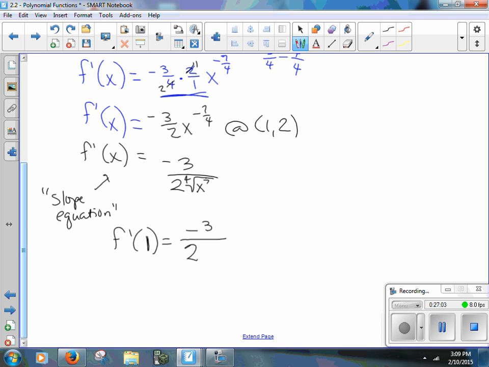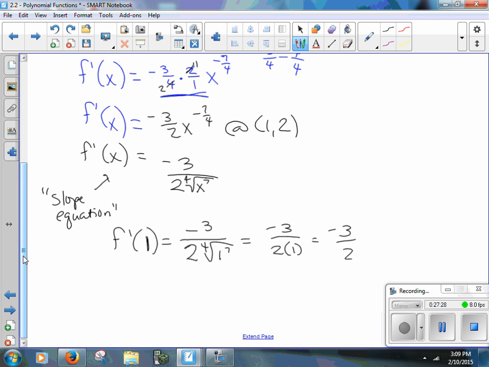What's 1 to the 7th power? What's the 4th root of 1? 1. So negative 3 over 2 times 1, which is negative 3/2. We got the slope at 1, 2.